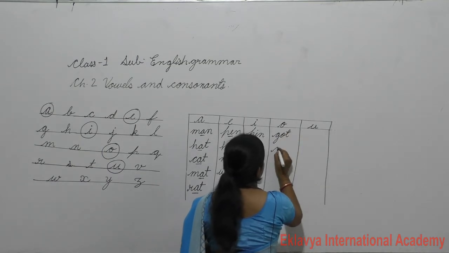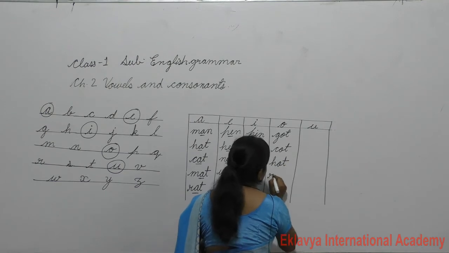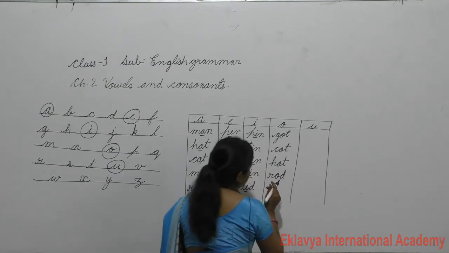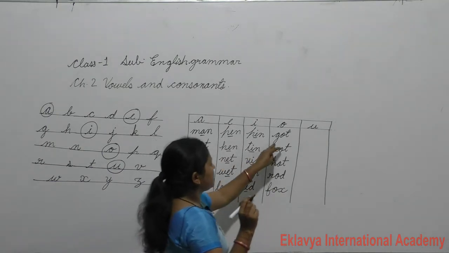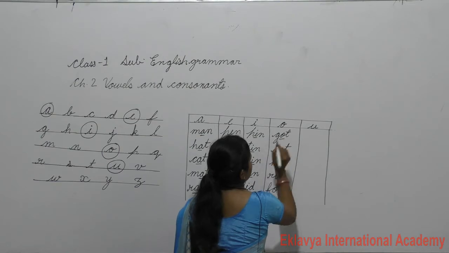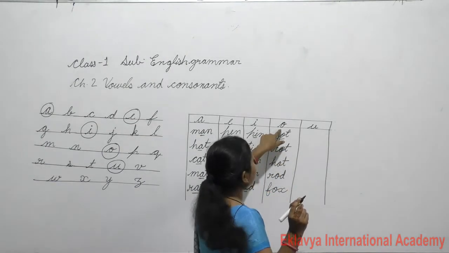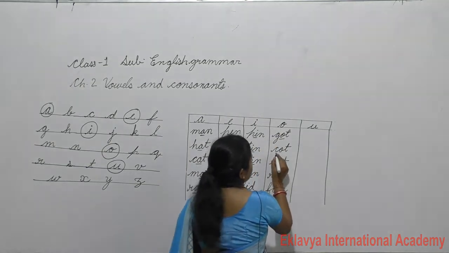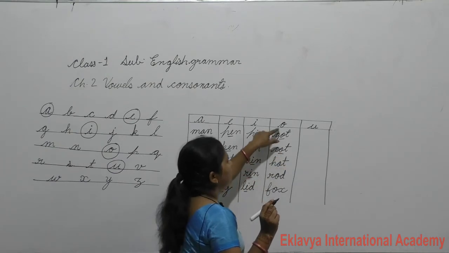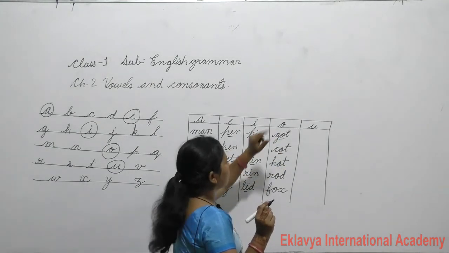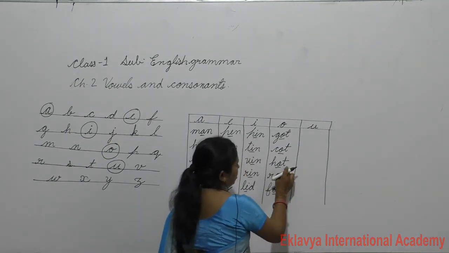Got, hot, rod, fox. Okay. G-O-T, got: between G and T the letter is the vowel O. C-O-T, cot: between C and T the middle letter is the vowel O. H-O-T, hot.